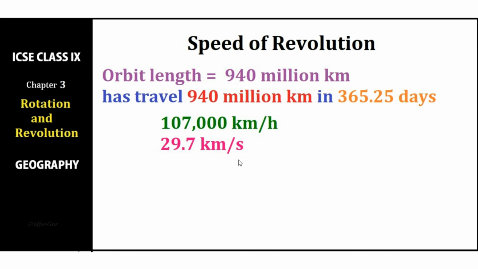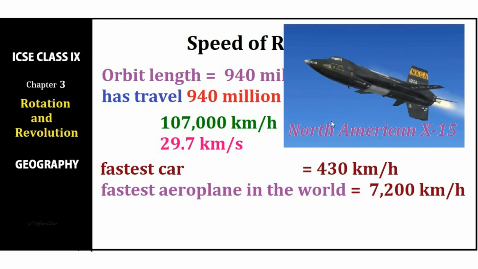So when the Earth moves around the Sun at this speed, it takes 365.25 days to cover one whole revolution. And if we compare this with some of the fastest things on Earth, the fastest car is only 430 km per hour. It's nowhere near this one.